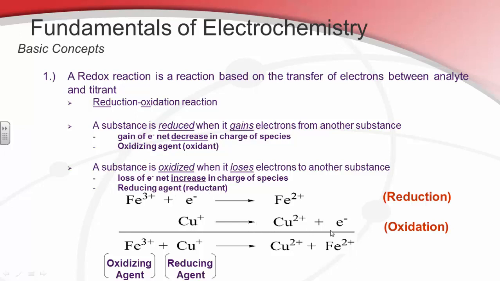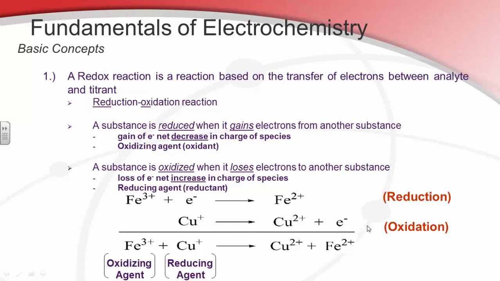So overall then, we have a reduction process. Now in this illustration, we've got iron 3 positive accepting an electron to become iron 2 positive. A reduction in its charge. And in this illustration we've chosen for this purpose, copper goes from copper 1 plus to copper 2 plus and gives up an electron.